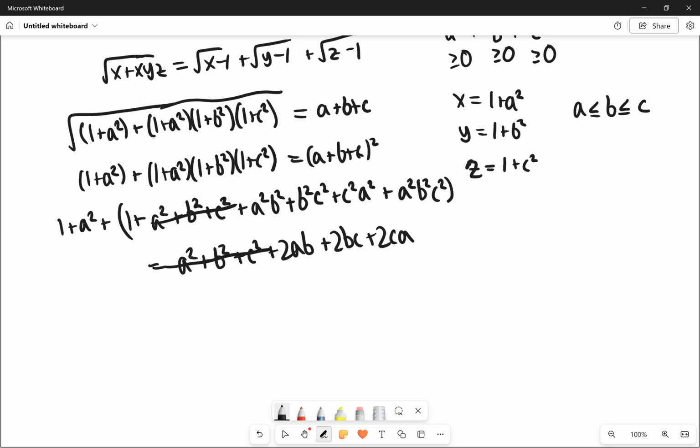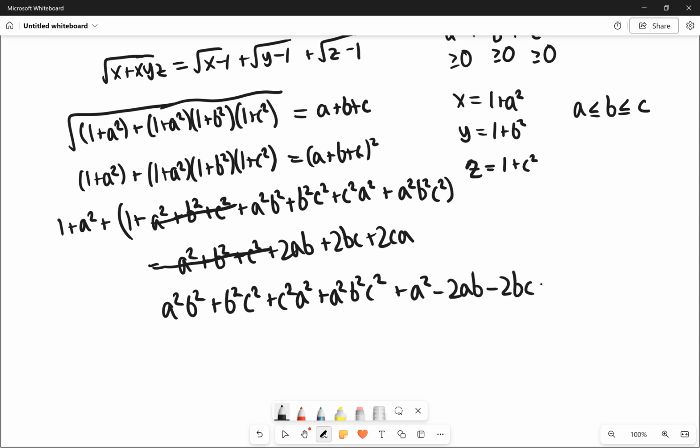And what is left after bringing everything to one side is a squared b squared plus b squared c squared plus c squared a squared plus a squared b squared c squared plus a squared minus 2ab minus 2bc minus 2ca plus 2 is equal to 0.